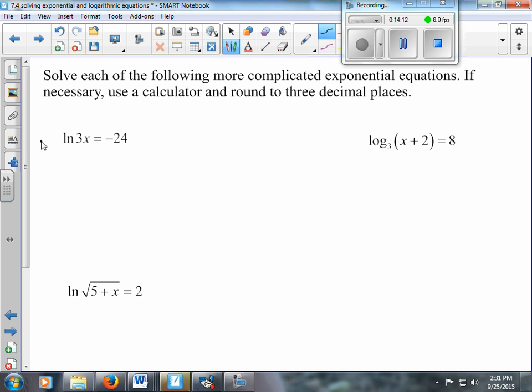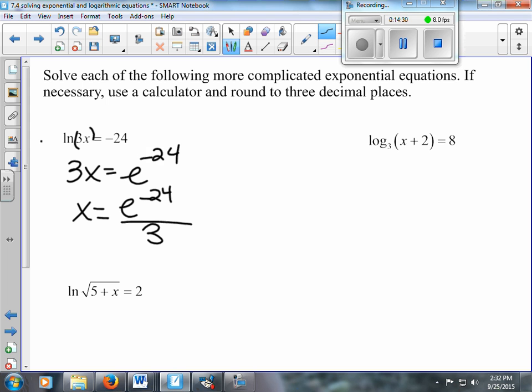All right, so in my first example here, I have the natural log of 3x equals negative 24. And so I am going to switch to exponential form. This would give me 3x equals e to the negative 24. And then I can solve for x just by dividing by 3. So there's a lot of switching between logarithmic form and exponential form. That's what I'm doing the most. And the second example over here, the log base 3 of x plus 2.